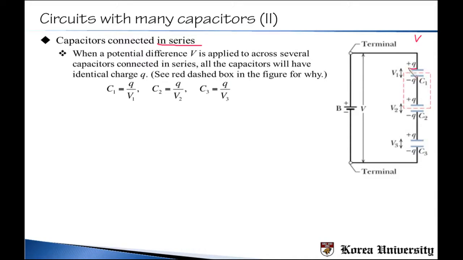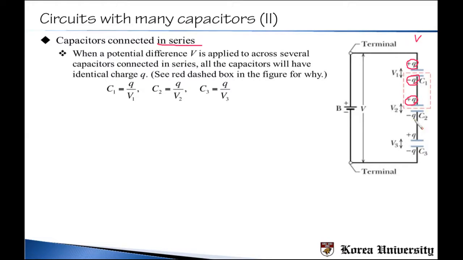See that if you have a plus Q here, then of course there will be minus Q here. Now the second capacitor is connected by the conducting wire. So if you have a minus Q going up, the plus Q has to go up because the net charge initially has to be 0.